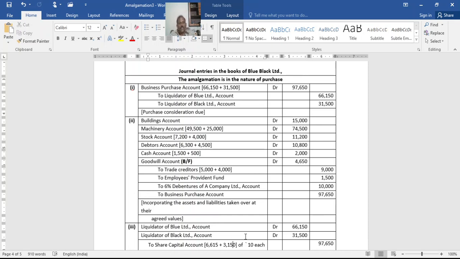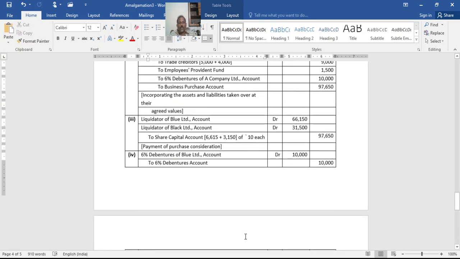Then second entry, settlement of purchase consideration. Here it is given as a third entry. There is no such sequence to be followed. You can change either second entry as third or third as second. So liquidators of Blue Limited, that's from first entry to second entry to close their account, same amount 66,150. Then liquidators of Black Limited 31,500 to equity share capital.